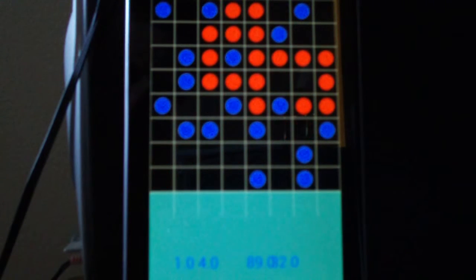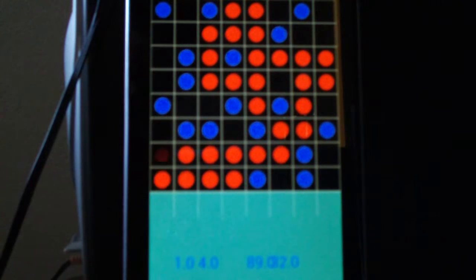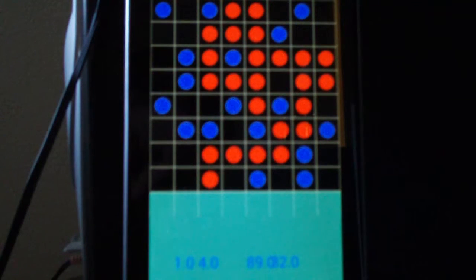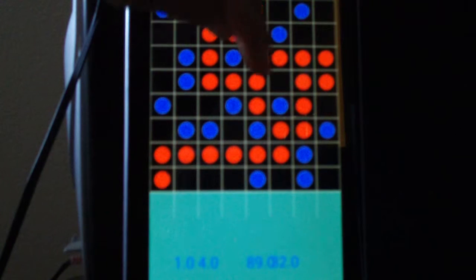He's got 32. And he's got the right idea. He's just got to fill in all these squares over in here.